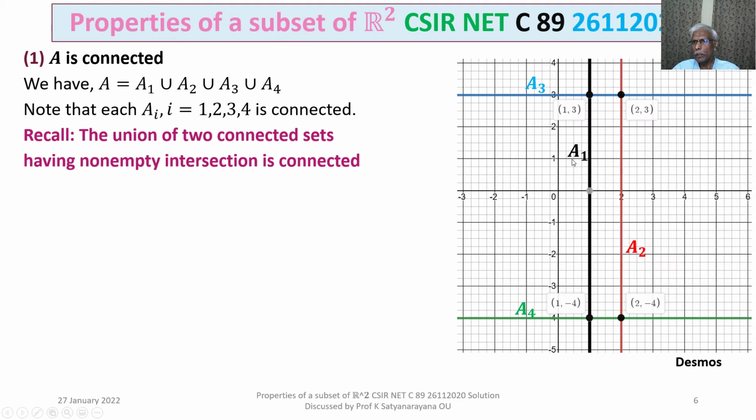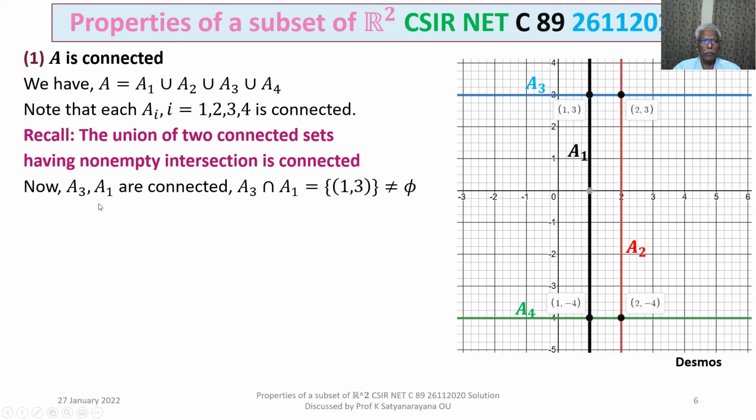Therefore, A3 union A1 is connected. So A3, A1 are connected. Their intersection is the singleton 1, 3, which is not empty. By using this result, A3 union A1 is connected.